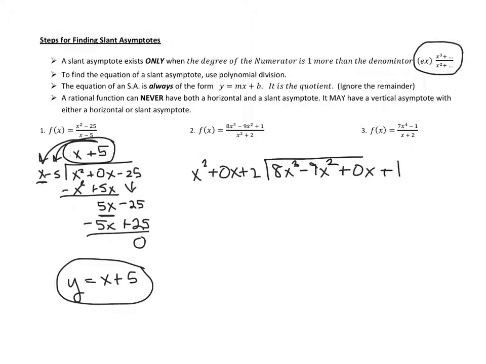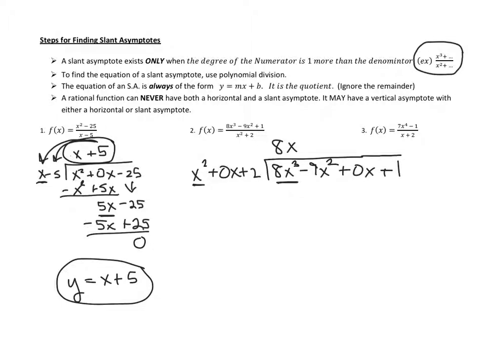All right, so for our long division, we look at the first two terms, we have x squared and we have 8x cubed. You basically tell yourself, what do I need to multiply x squared by to get 8x cubed? Well, we know we need an 8, and we need one more x.